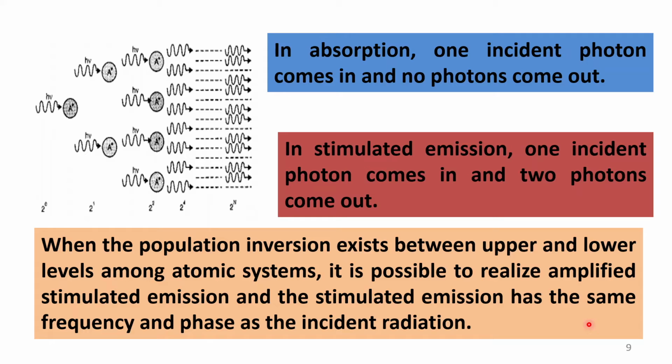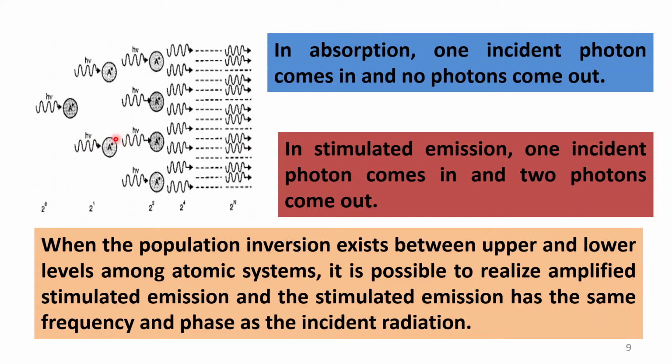So we can say that during the stimulated emission, there is amplification of photons, and the emitted photons have the same frequency and phase as the incident radiation, that is, the incident photon.